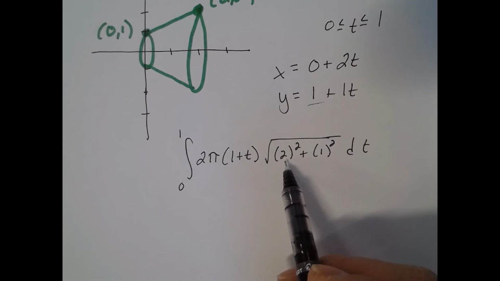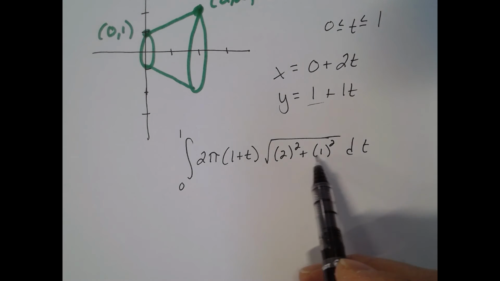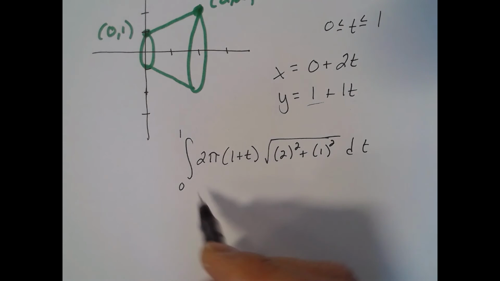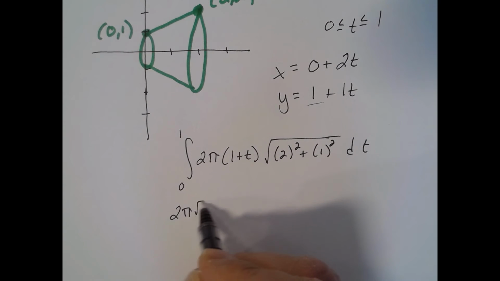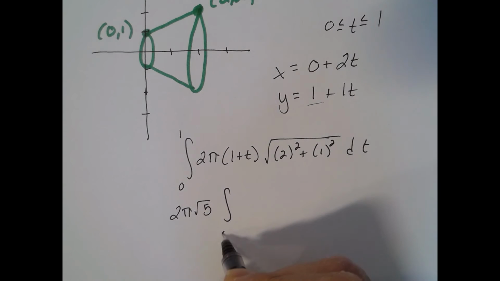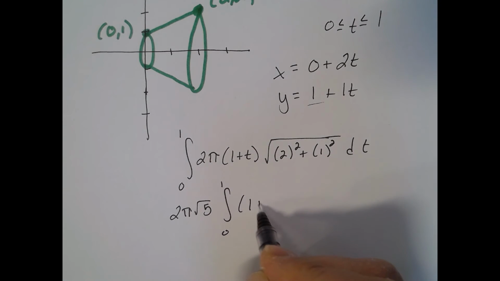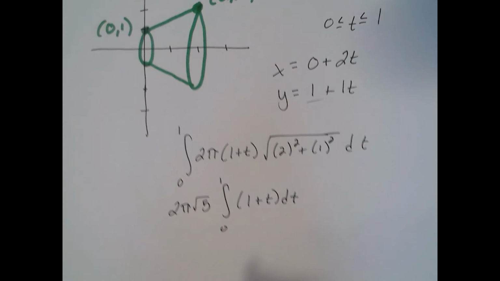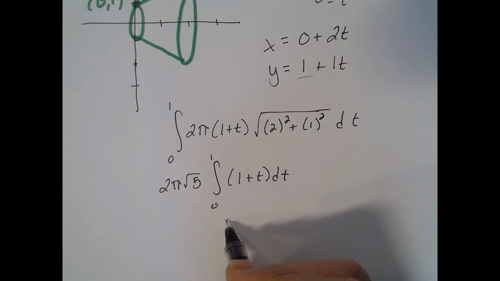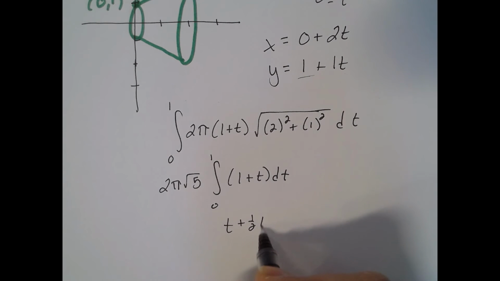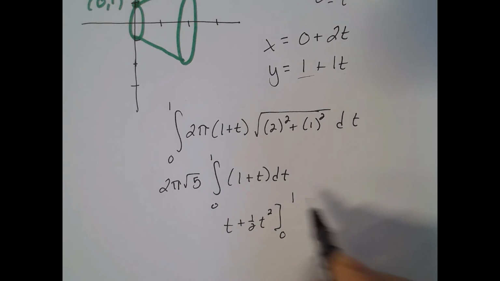Alright, so square root of 4 plus 1 is 5. Square root of 5, that's just a constant. So I have a 2 pi square root of 5 out front. Now I'm integrating from 0 to 1, 1 plus t dt. So the antiderivative is t plus 1/2 t squared from 0 to 1.